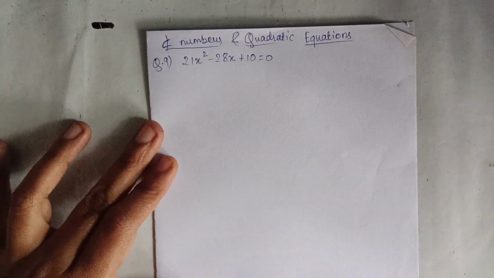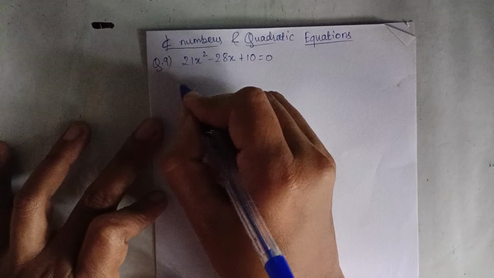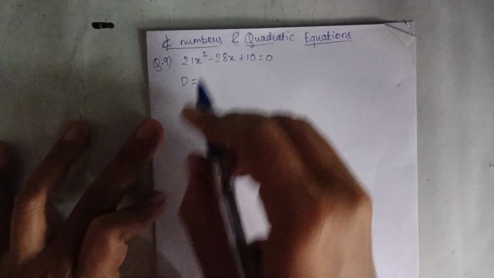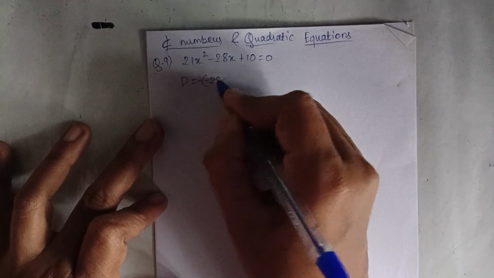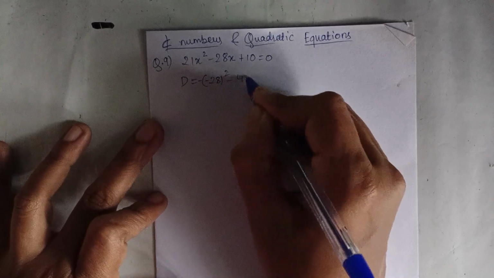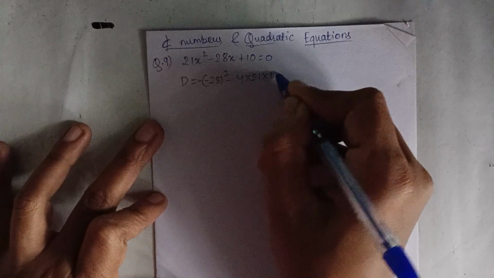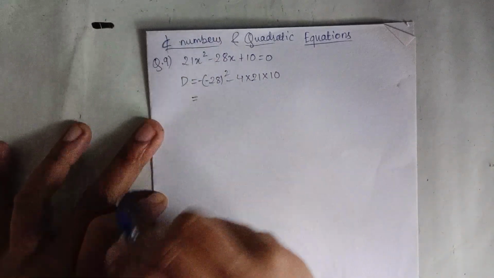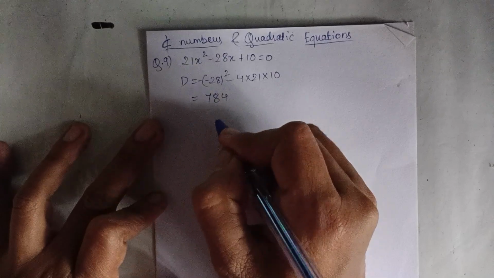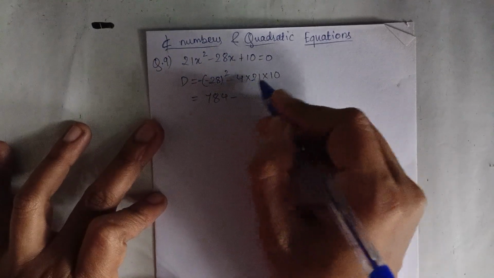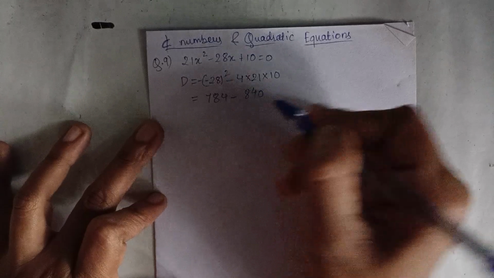Next question, same way. D equal to b square minus 4ac. 28 square, 40.